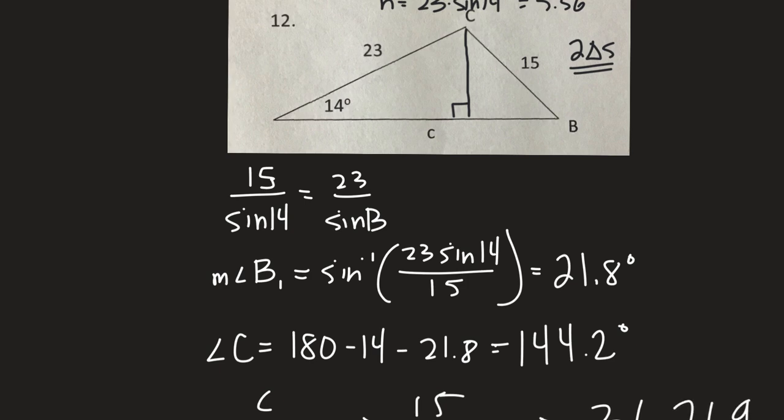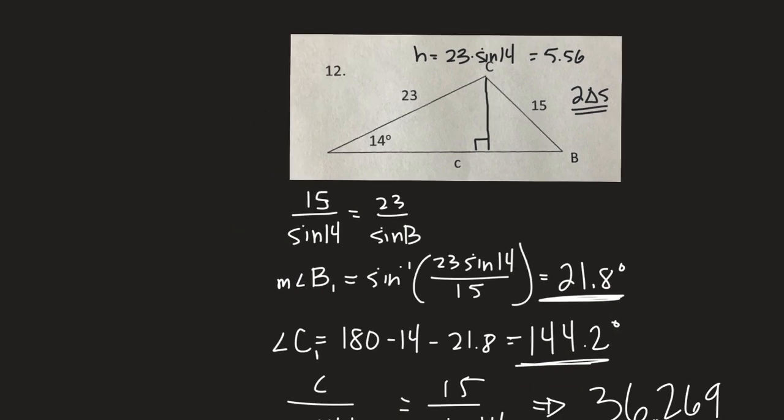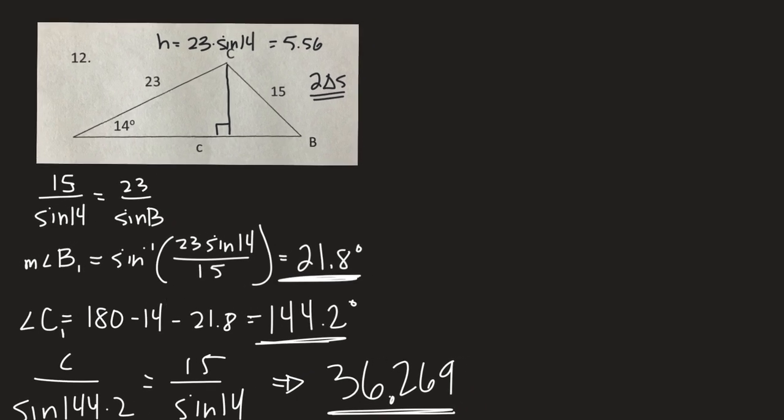Okay, so that's the first triangle's information. Angle B1 is 21.8, angle C1 is 144.2, and side C is 36.269. Okay, that comes from our calculator.